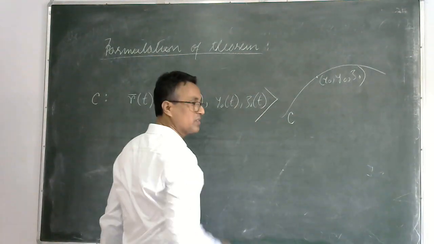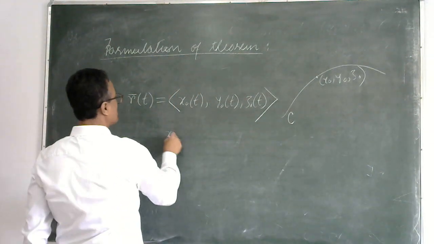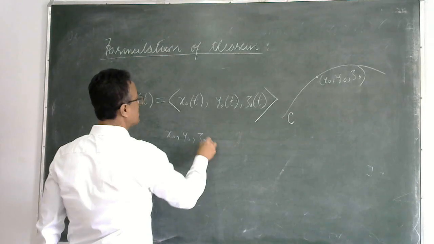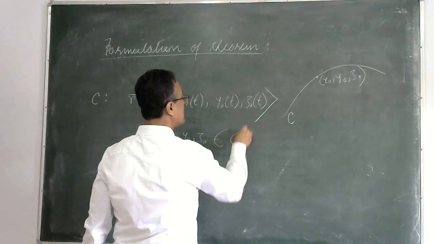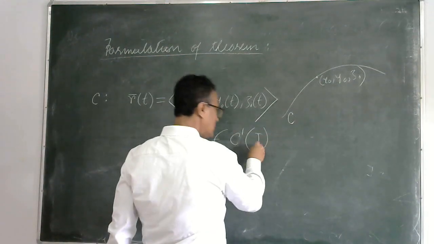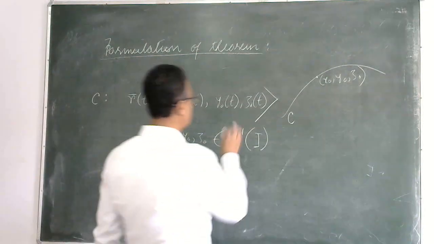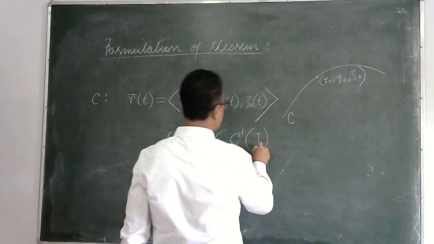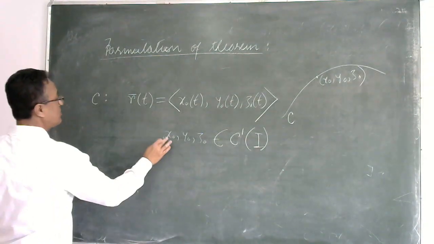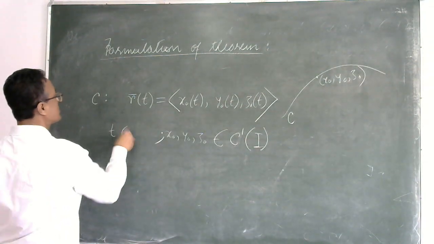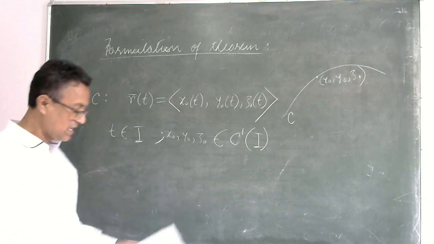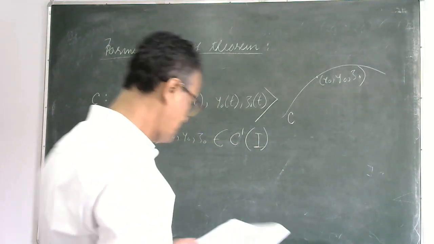Where your x0, y0, z0 are obviously C1 in I. I mean, before that, your t belongs to some interval I. I'm always going to assume this parameterization.